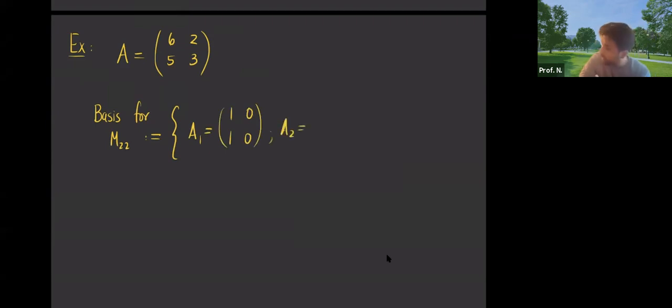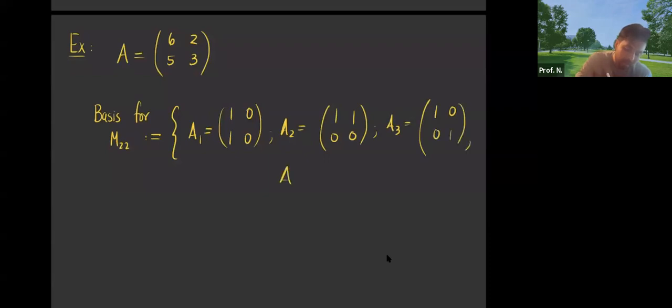A2 is 1, 1, 0, 0. And A3 is 1, 0, 0, 1. And of course you need 4 because you're in a space with dimension 4, and I have A4 is 0, 0, 1, 0. So these are my basis matrices for this space of 2 by 2 matrices.